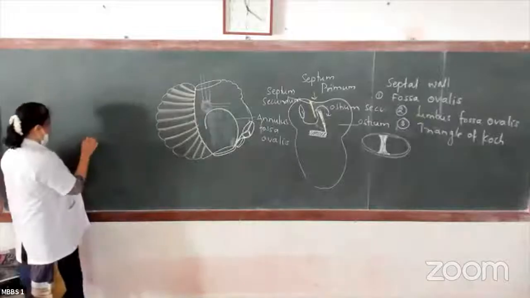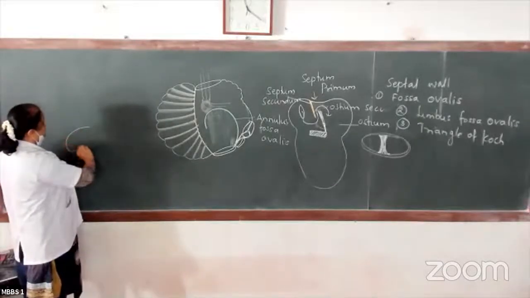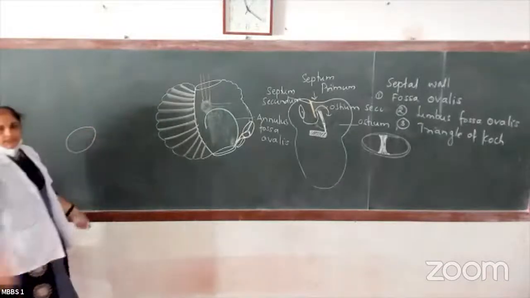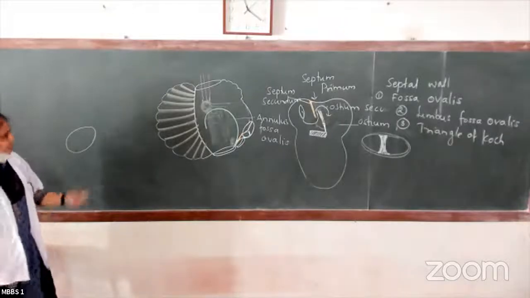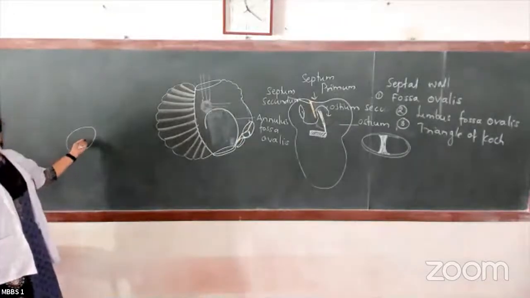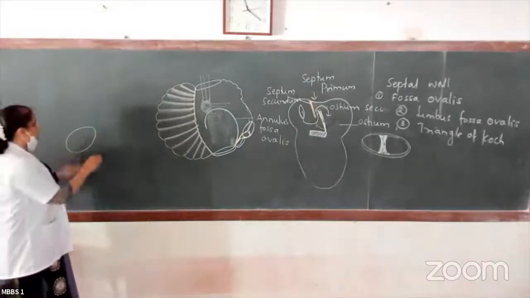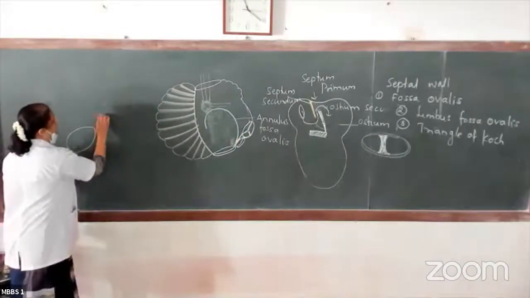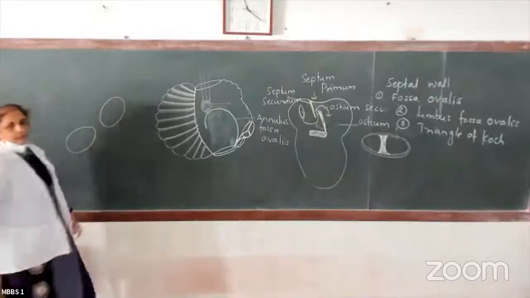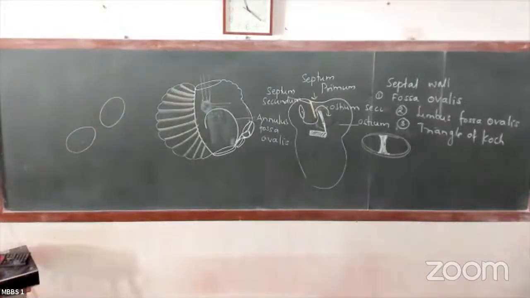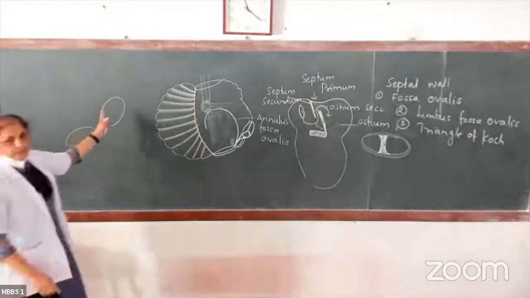But the basic fibrous structure is nothing but the collagen fibers, and it is surrounding these walls. In the fibrous skeleton, one annular fibrous ring is formed by tough collagen fibers, representing the atrioventricular orifice, that is the tricuspid orifice. A second annular ring formed of collagen fiber represents the mitral orifice.